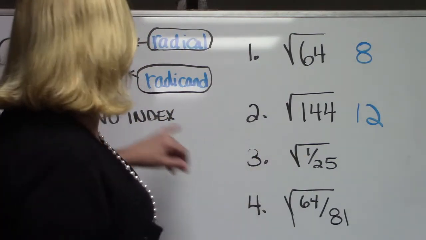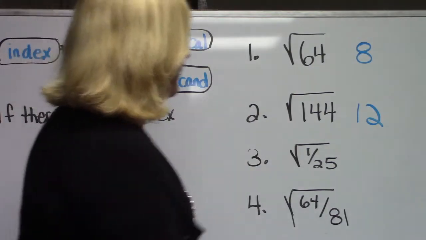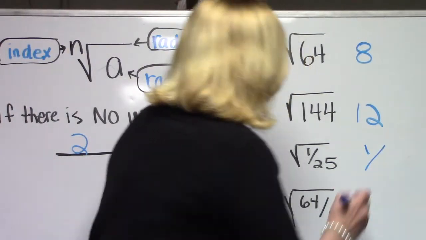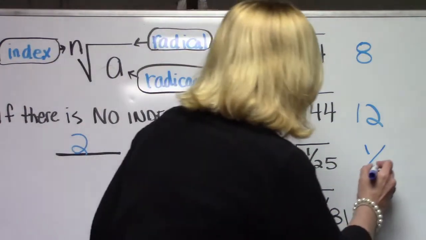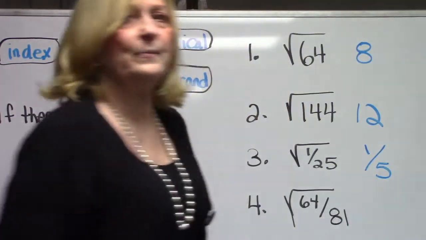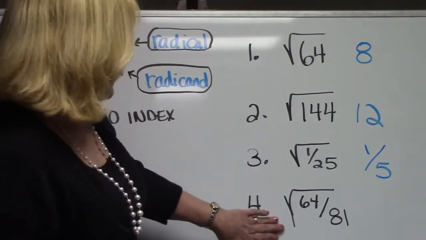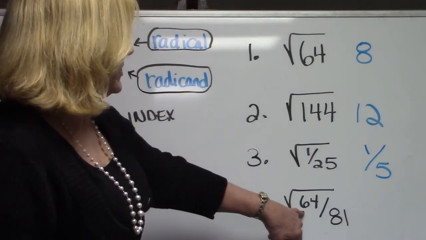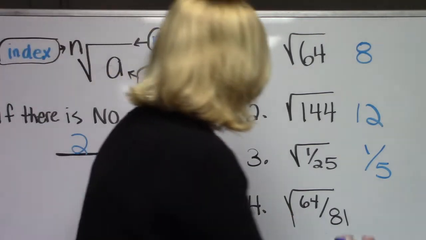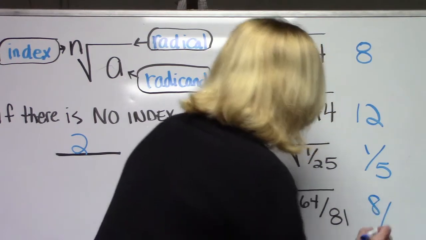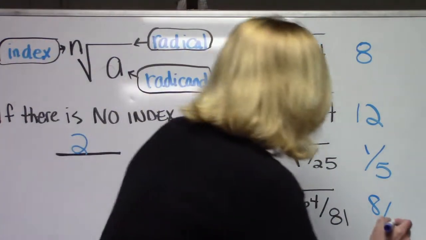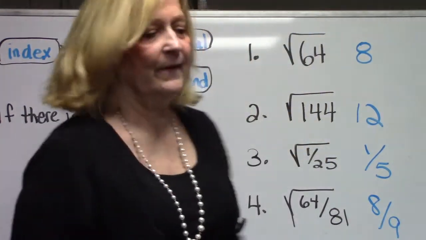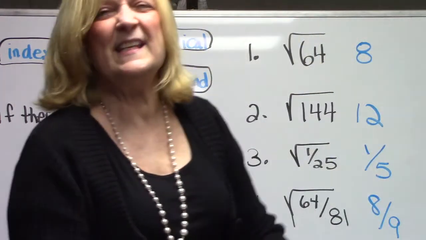What is the square root of 1? It's 1. What's the square root of 25? It's 5. So the answer would be 1/5. Down here, likewise, what's the square root of 64? It is 8. And the square root of 81 is 9. So that's pretty simple.